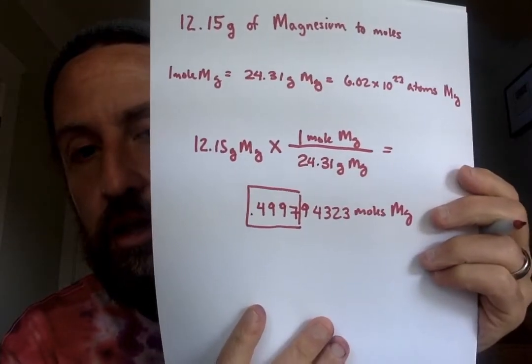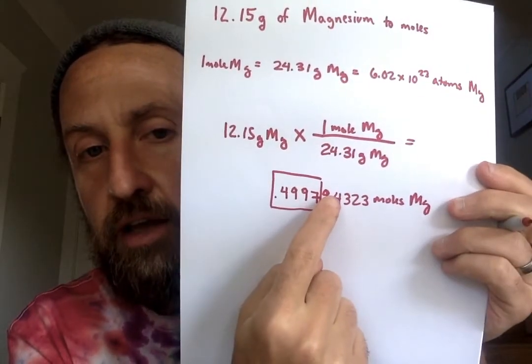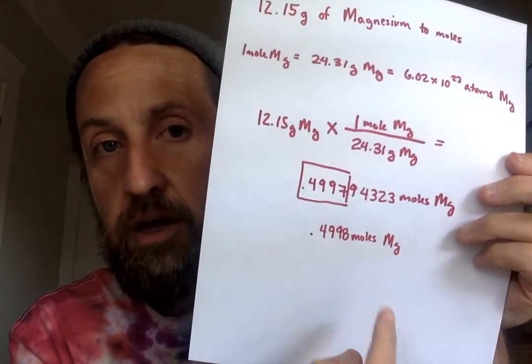And so if I take it out to 4, and that 9 here rounds up the 7, the proper answer would be 0.4998 moles of magnesium.